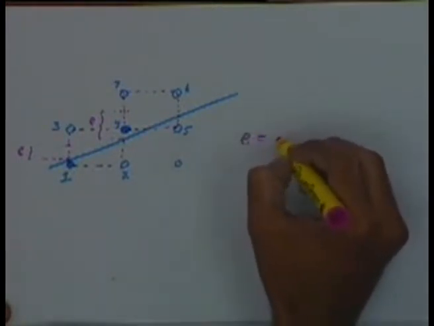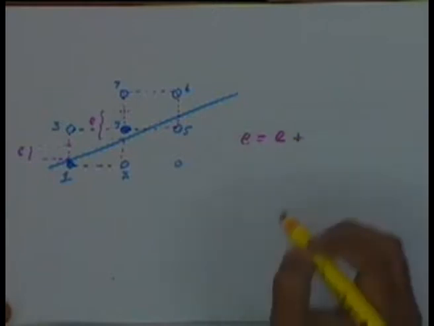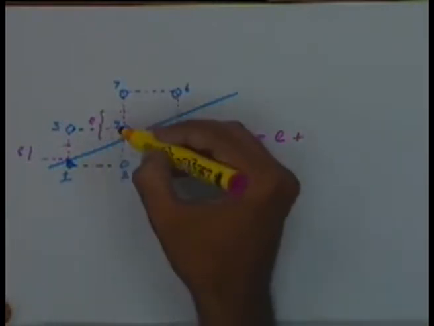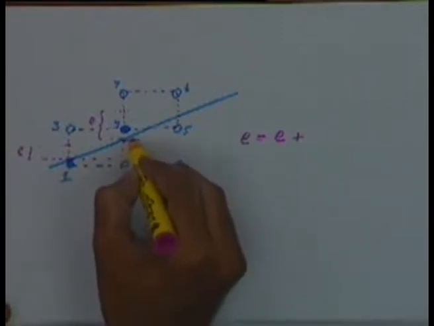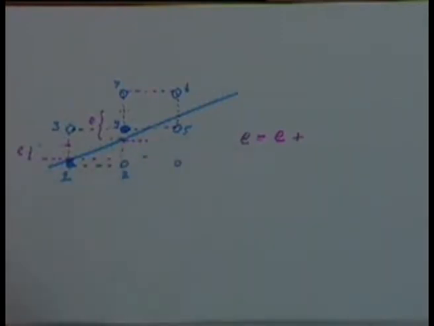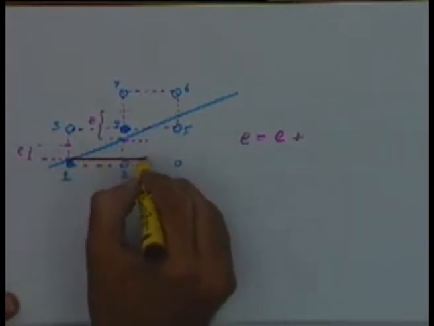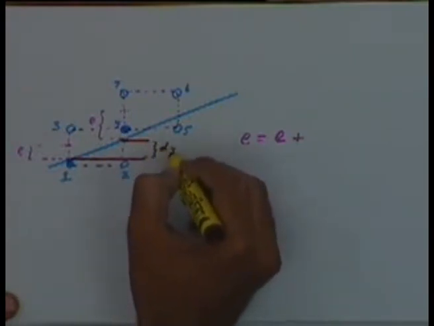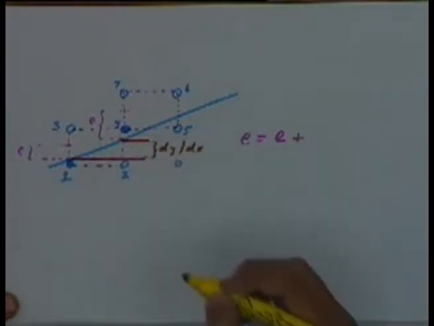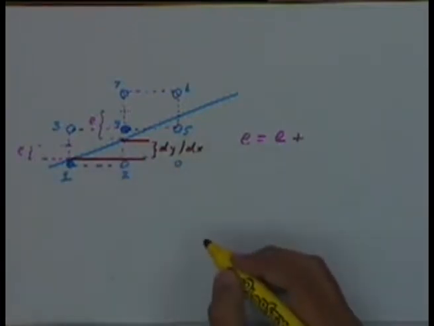Let's say E will be equal to E plus my line has moved up by an amount equal to dy by dx. So this line has moved up by an amount equal to dy by dx.